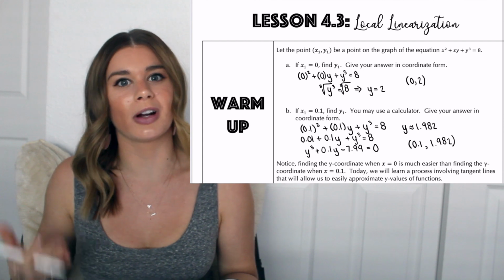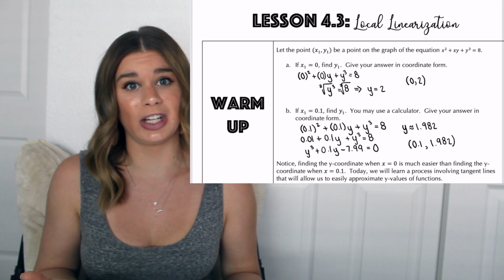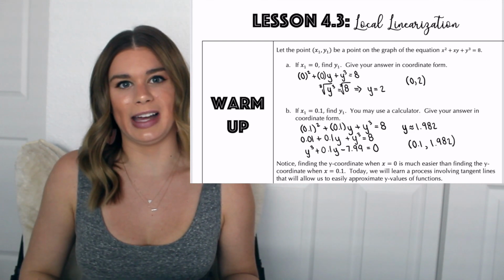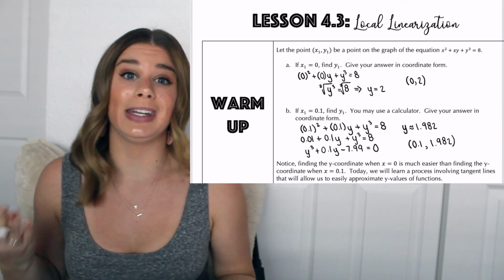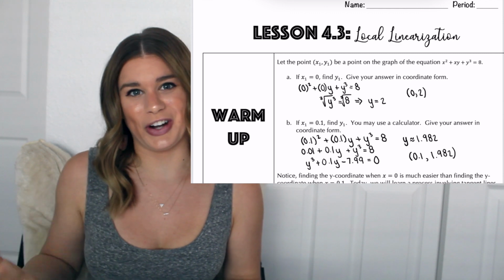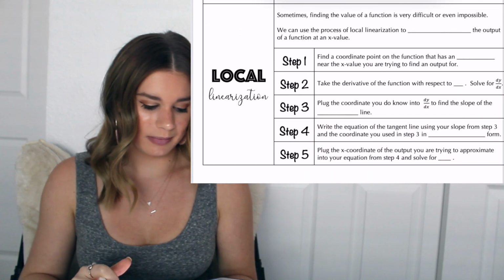I mentioned before, we're essentially taking a line that's tangent to the original function at some point and using the equation of the tangent line to get the approximate coordinate of a nearby point. Okay, so I gave you a little bit of an intro. We're going to move on to the actual notes piece.